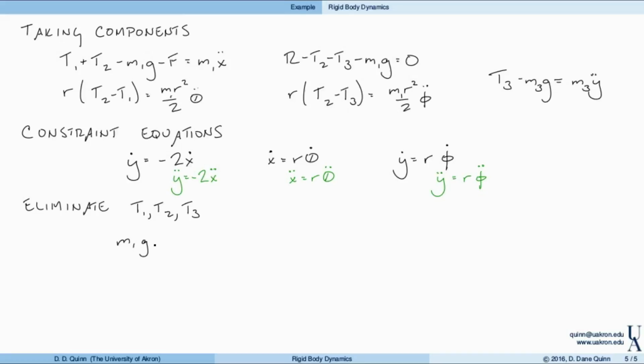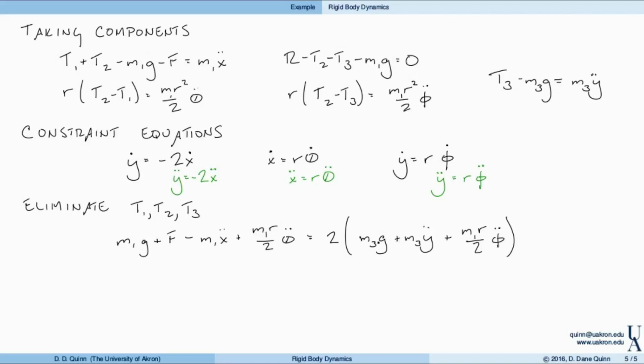M1 G plus F minus M1 X double dot plus M1 R over 2 theta double dot equals 2 times M3 G plus M3 Y double dot plus M1 R over 2 phi double dot.